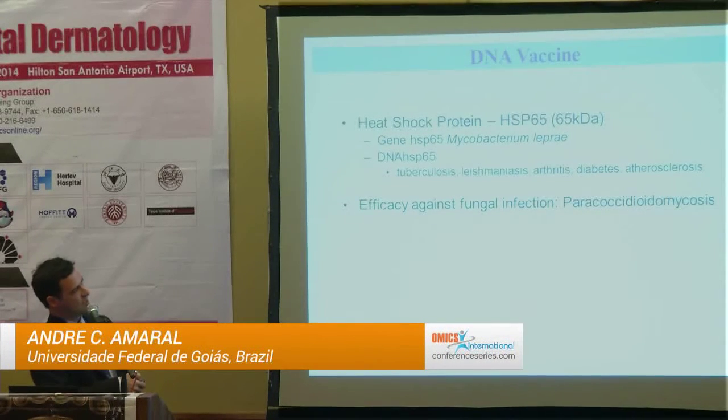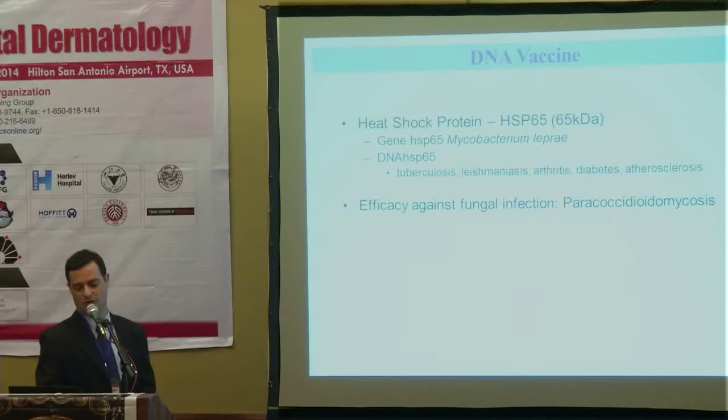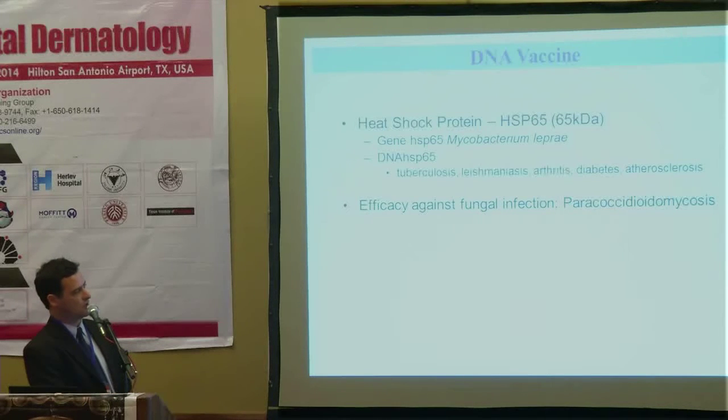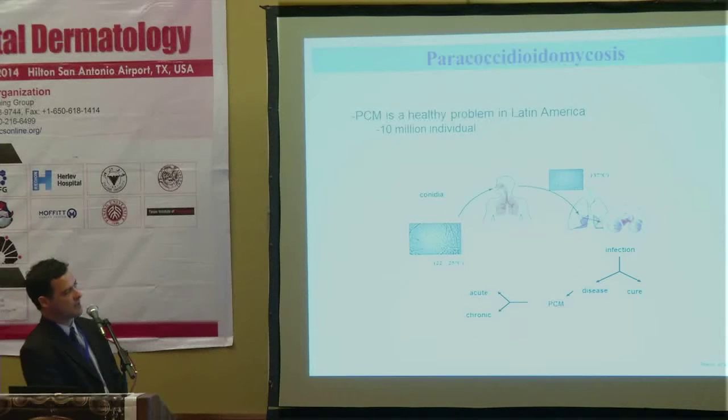It's from the gene HSP65 from Mycobacterium leprae, and it's used in experimental models against tuberculosis, leishmaniasis, arthritis, diabetes, and arteriosclerosis, and it also showed efficacy against the fungal infection Paracoccidioidomycosis. So we decided to use this DNA vaccine inside liposomes for intranasal administration, or within polymeric nanoparticles for intramuscular administration, and used the same model of fungal infection.